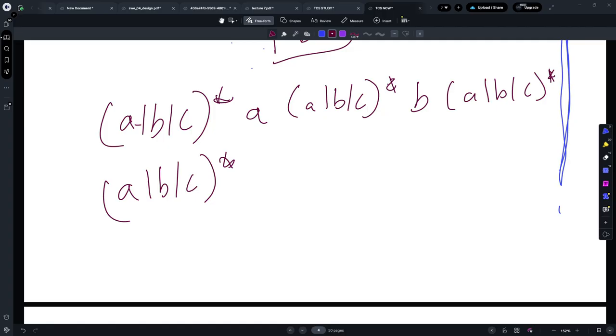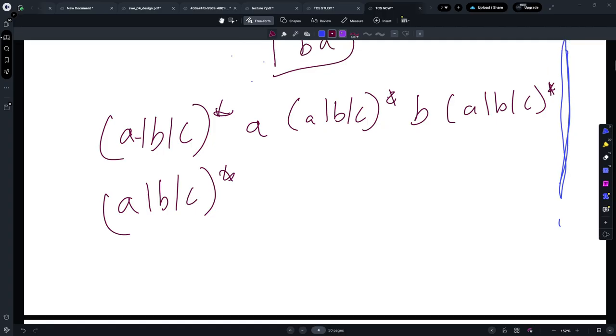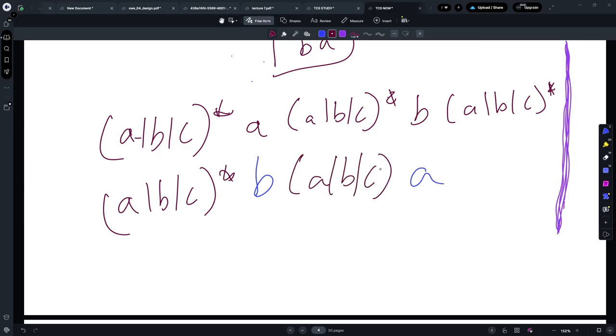Then I think it would be good if I do the or with this. This is an or in between. B, A. As many times of B's and C's in between does not matter. A or B or C as many times in between, it does not matter.